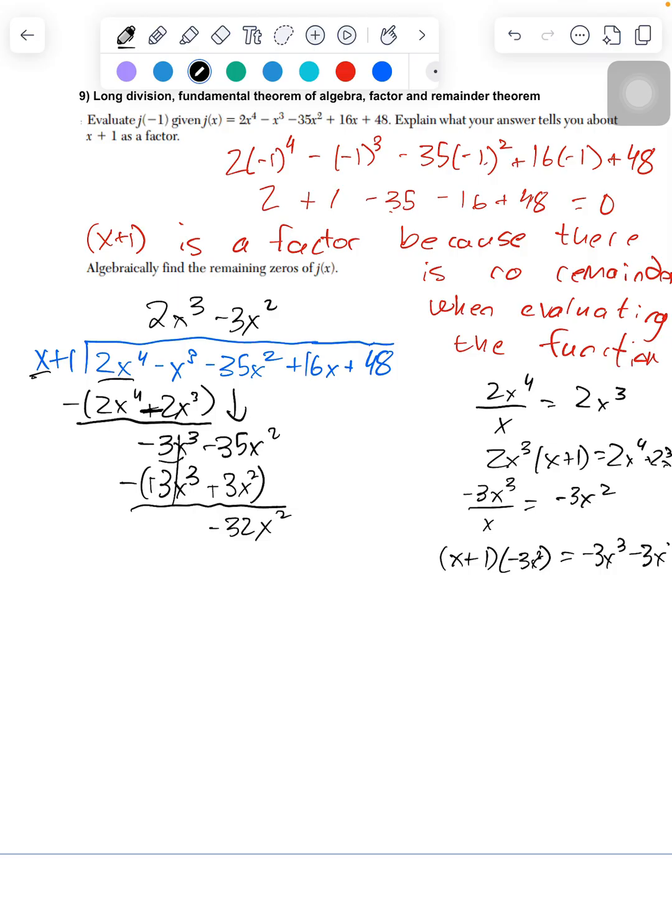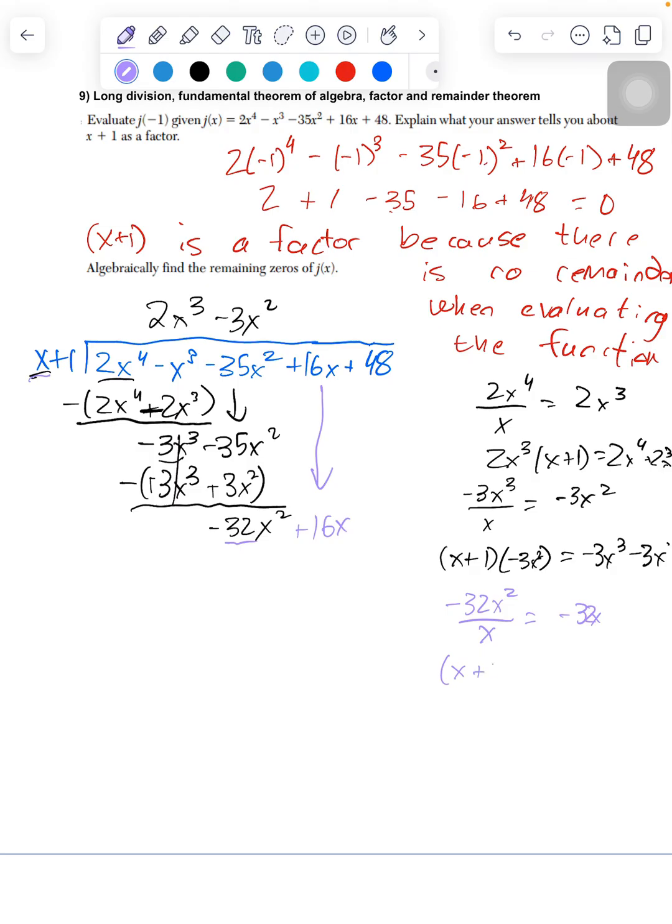All right, so now we just repeat the process until we get our answer. Leading term, bring down the plus 16x. All right, so I'm going to have minus 32x squared over x equals minus 32x.